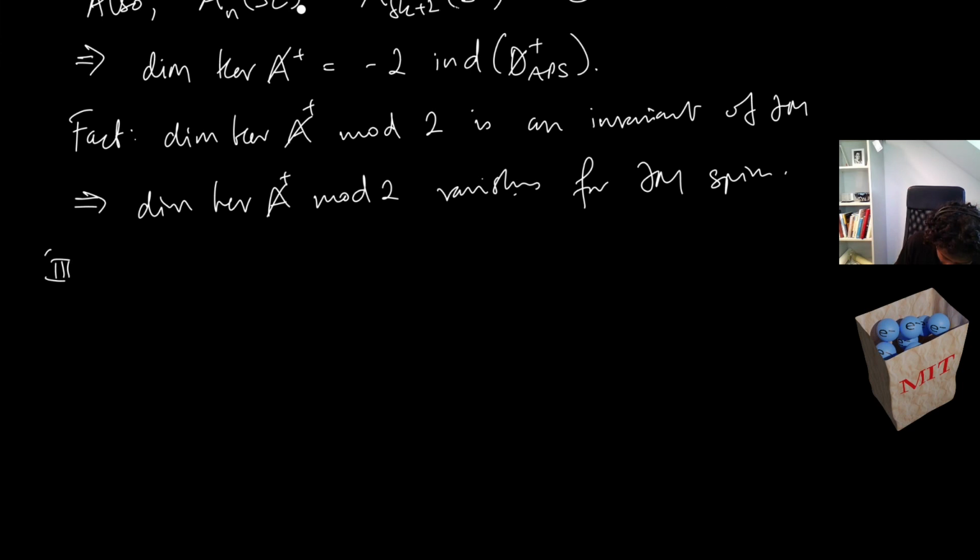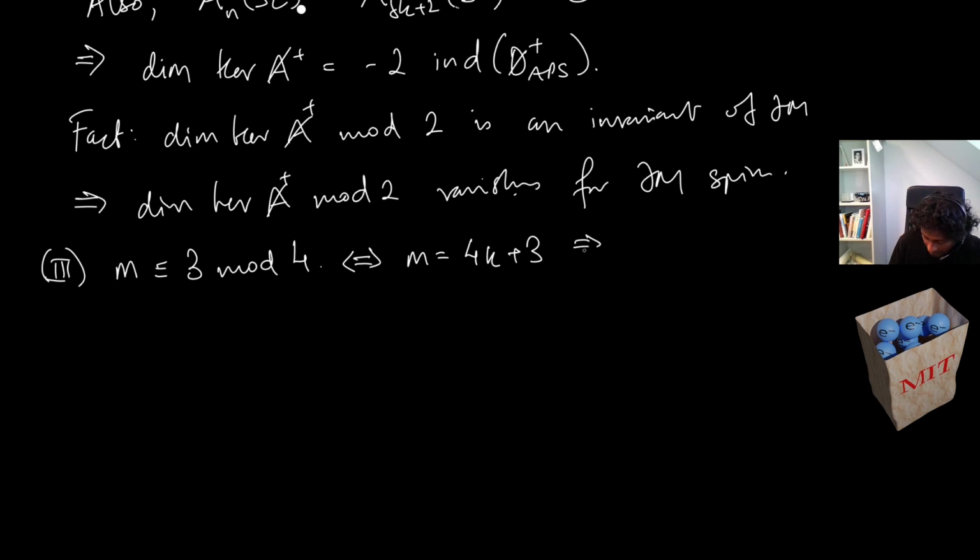We have one more case left, and that case is the situation of m being congruent to 3 mod 4. If it's 3 mod 4, then this occurs if and only if m is equal to 4k plus 3, which means that n is equal to 8k plus 6.